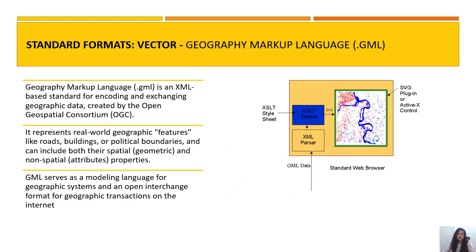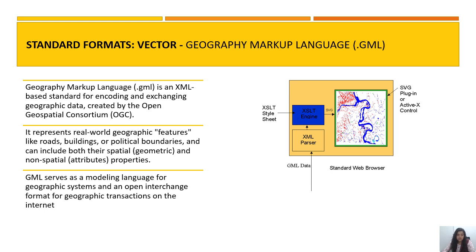Another standard vector format, other than that, is Geography Markup Language, that is GML. What does it do? It is used for encoding and exchanging geographical data, created by the Open Geospatial Consortium. It represents real-world geographical features like roads, buildings, and political boundaries, and they can include both spatial as well as non-spatial properties.